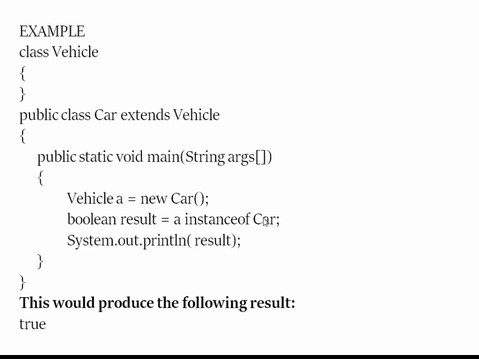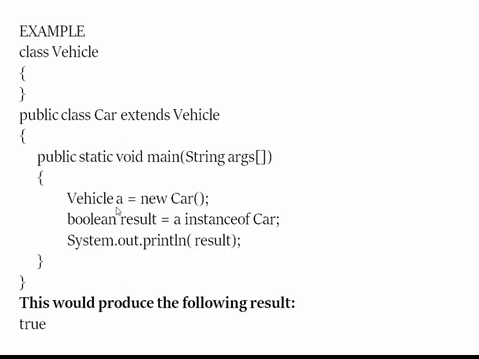Okay. You can ask me that a is not an object reference variable of the class car, but here car is a subclass of a superclass or a parent class, vehicle. That's why in this case this object can also access the variables or methods of the class car.